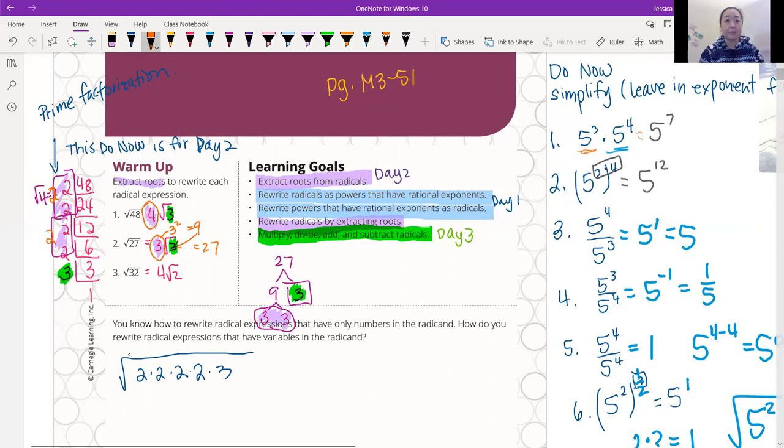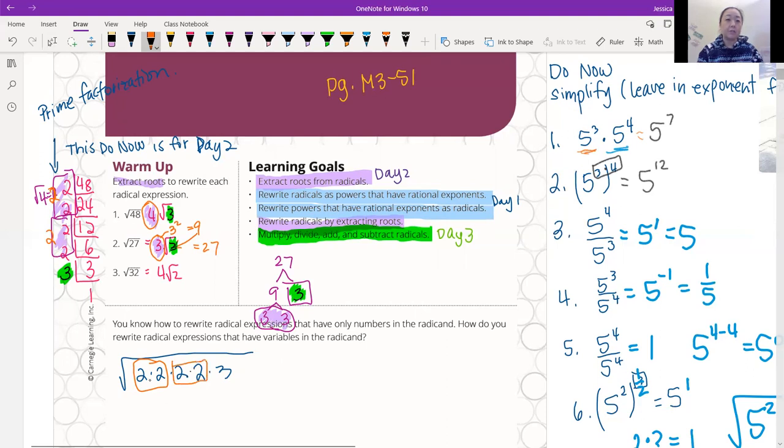The only way we could get a perfect square is if we have two numbers multiplying by itself to get another number. That makes no sense. Do you know what I mean? Like 2 times 2 is 4. And what's the square root of 4? 2, right? Those are perfect squares. So we're looking for perfect squares.